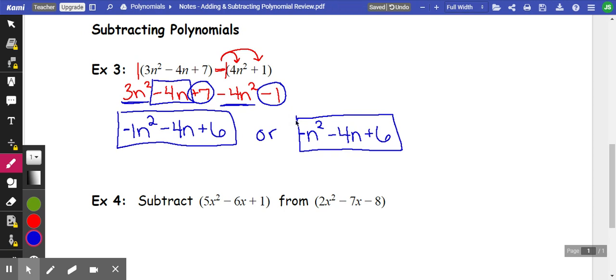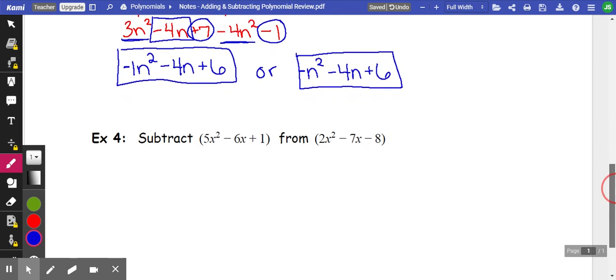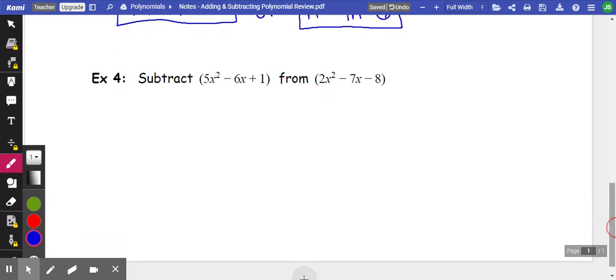The last one, and I don't think this was in the Ed puzzle that I'm remembering right now in that video, but this is something that we've looked at this year. It's the problems where they ask us to subtract something from something else. So in this case, we're subtracting this polynomial 5x squared minus 6x plus 1 from 2x squared minus 7x minus 8.